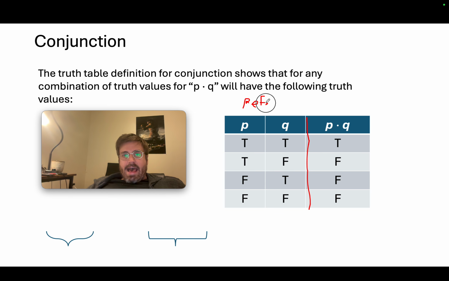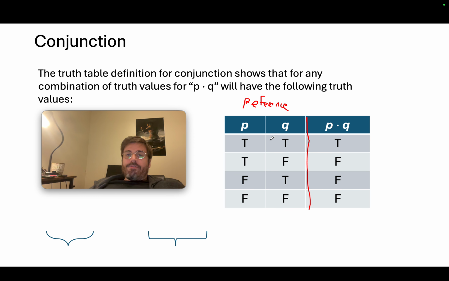Over here, the first two columns are reference columns. They just lay out, apologize for my writing here, every possible truth value that could occur for a combination of P and Q. So we split the values of P in half with two true and then two false. And then for Q, we just simply split in half that value where we alternate true, false, true, false.